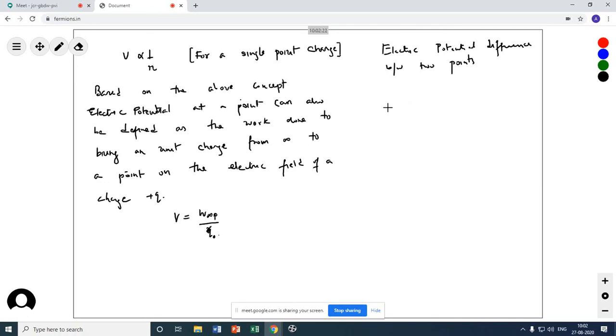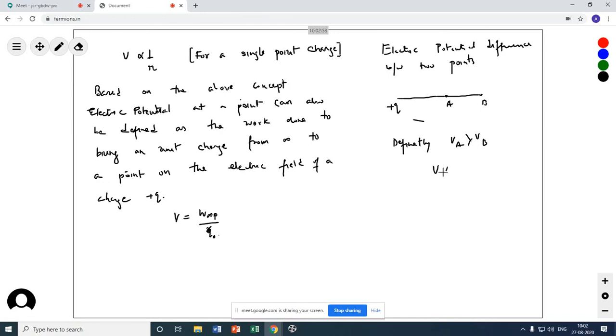So imagine this is a plus Q, and this is point A, this is point B. Which one do you think is at higher potential, A or B? Definitely VA is greater than VB.